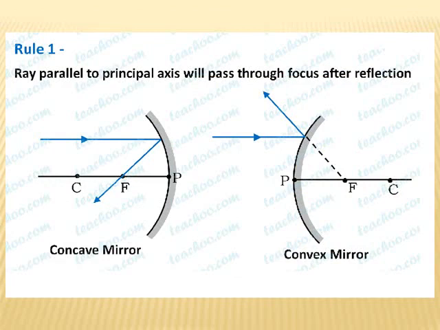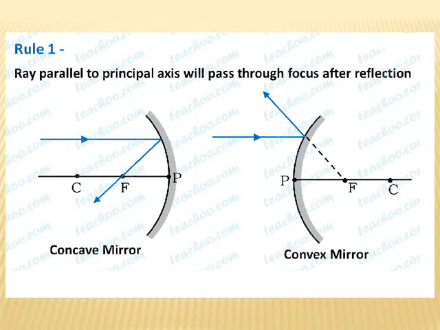This slide represents rule number 1 for drawing the ray diagrams. So usually a concave mirror has to be represented like this. The inner surface is the reflecting surface, and the convex mirror on the right is there where the outer surface is the reflecting surface.